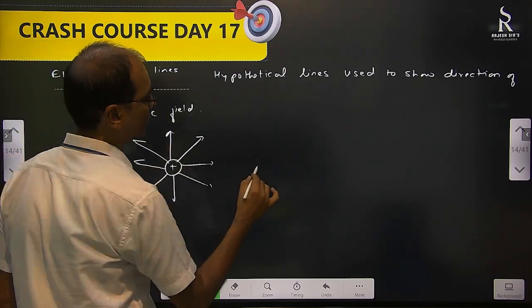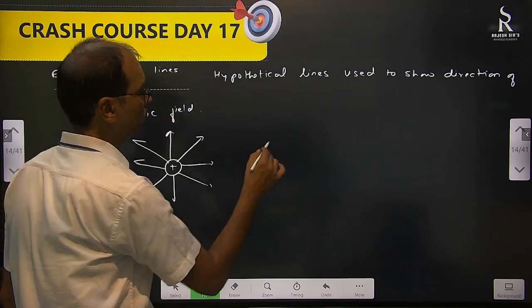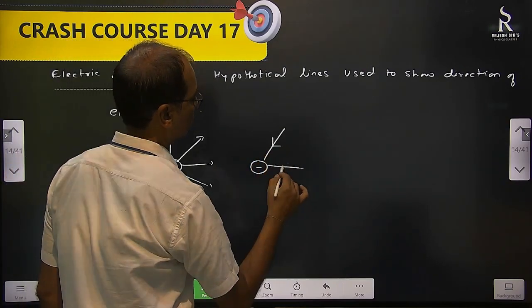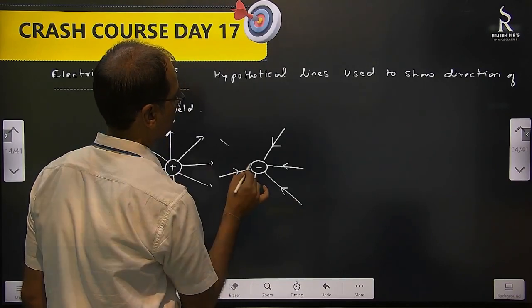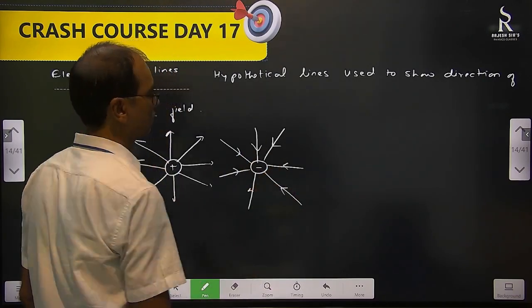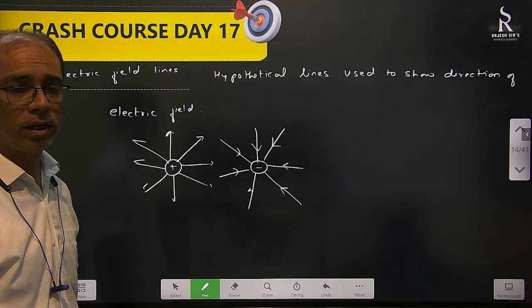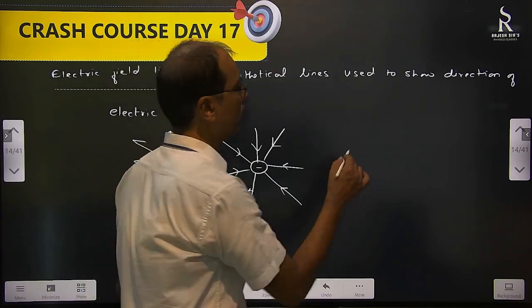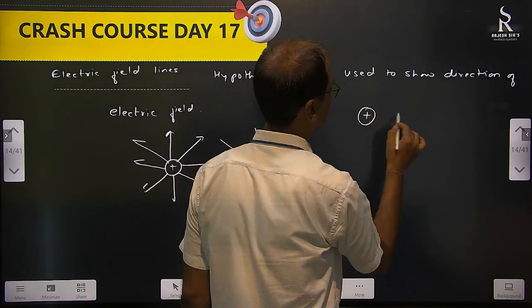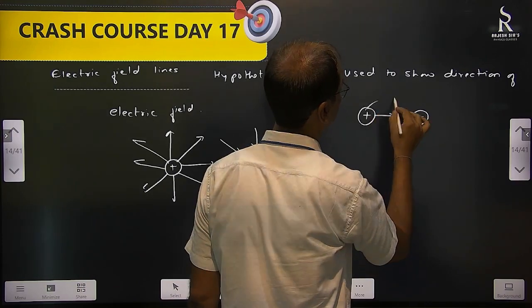And if a negative charge is there, what is the negative charge going to do to the positive one? It's going to attract. So for a negative charge the direction is like this. If positive and negative are close together, how will the electric line be? If positive is here and negative is here, it will be from positive to negative.